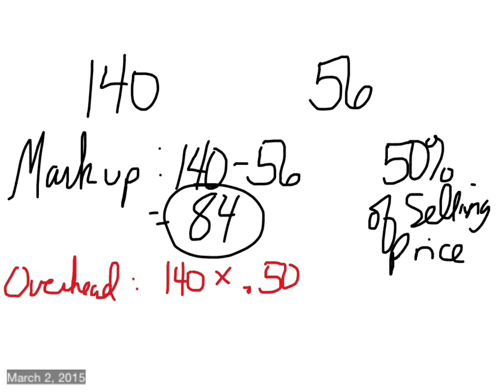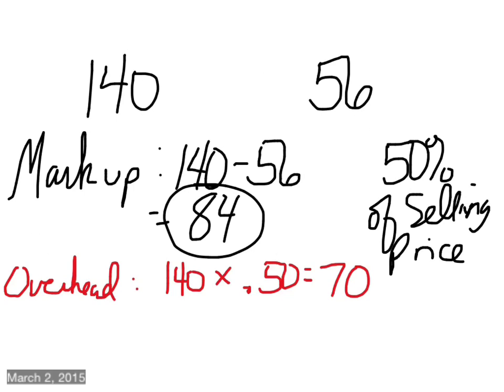As I mentioned, and I don't know how many times I've asked Derek, when you have 50%, you need to move the decimal 2 places over. So what's 140 times 0.5? 70. So the overhead was $70.